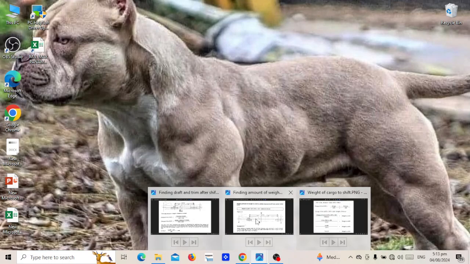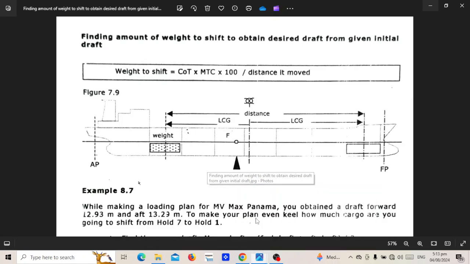Finding amount of weight to shift to obtain desired draft from given initial draft. So this is the formula: weight equals change of trim times MTC times 100 over distance it moved.